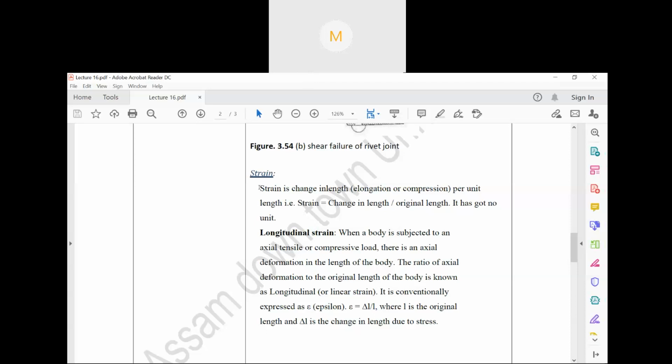So now let us go to the next topic, strain. So what is strain? Strain is change in unit length per unit length, original length. Suppose I'm giving you an example, okay?